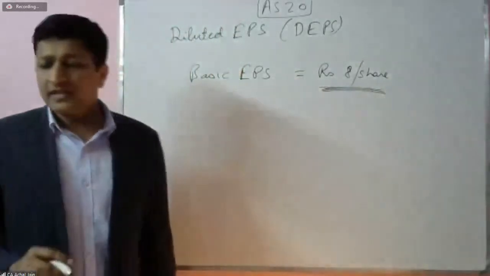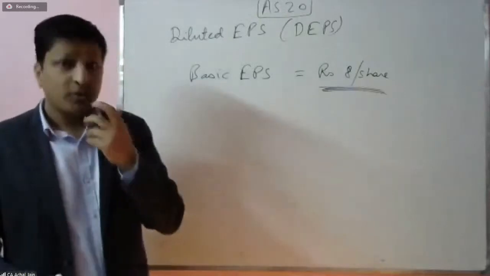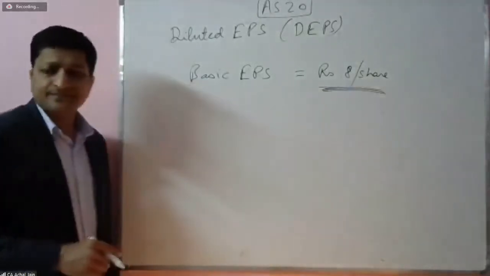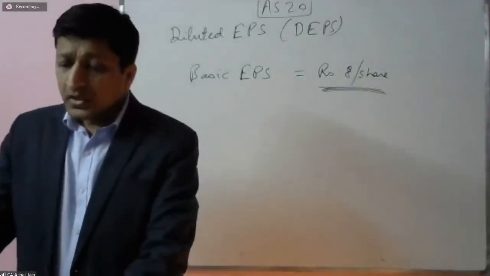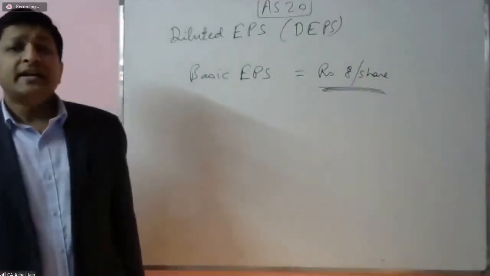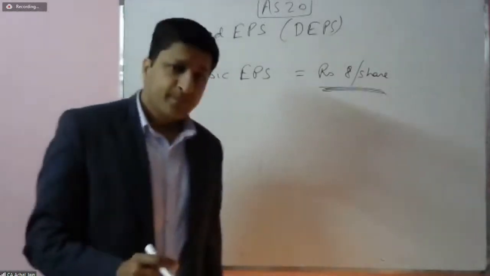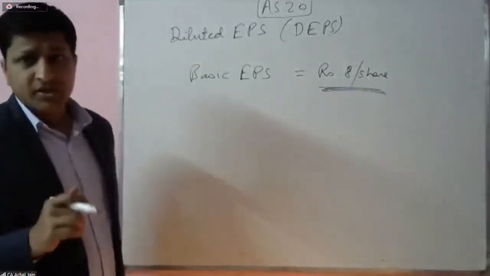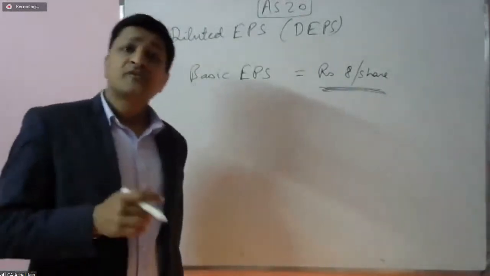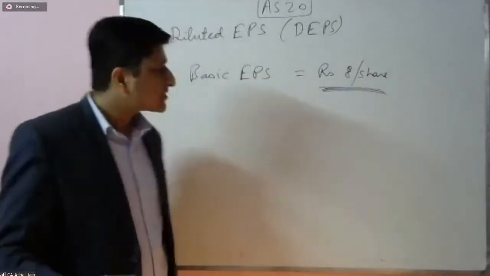That's the understanding of the investor, that this much amount belongs to the shareholder. Correct? But there could be certain types of instruments which are not in the nature of equity shares, but which may have the potential of becoming equity shares. Let's understand.